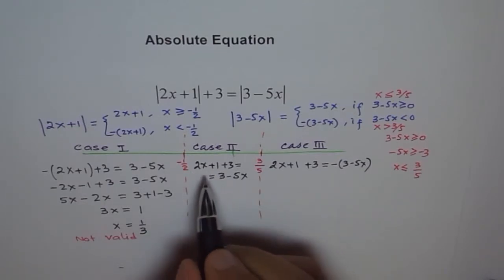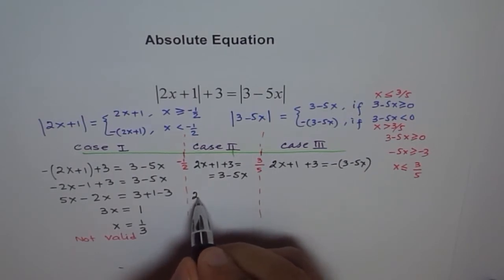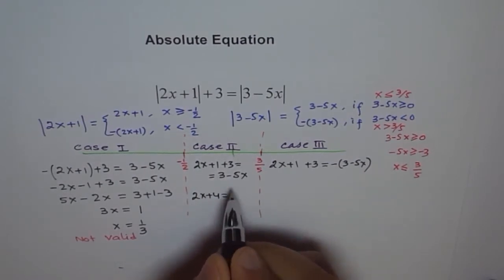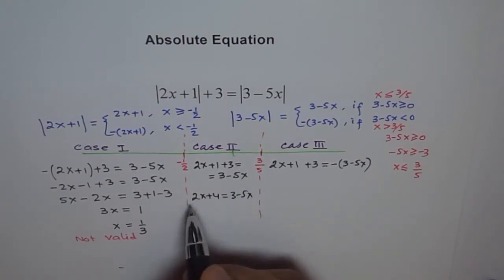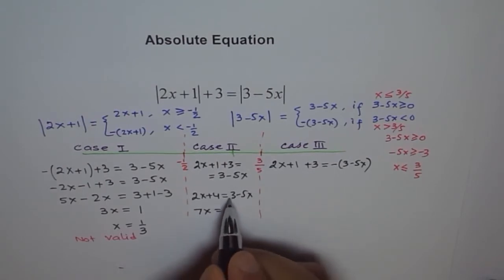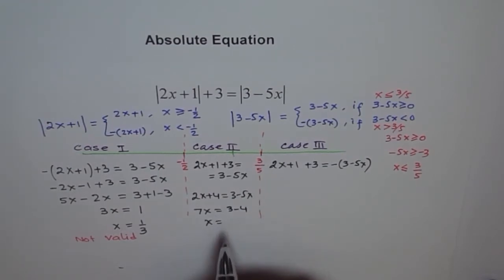The other one is, let's solve it. 2x plus 1 plus 3 is 2x plus 4, right? Equals 3 minus 5x. And when we bring 5x here, it becomes 5 plus 2, 7x. And 3 and 4, so 3 minus 4 is, let's write 3 minus 4 now. So x equals minus 1 over 7.